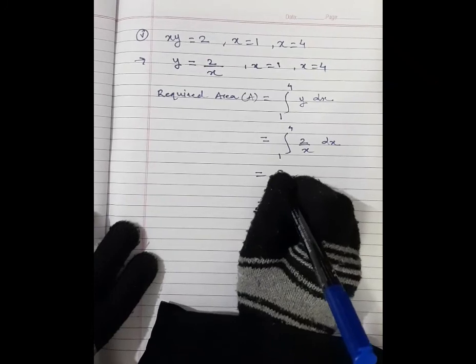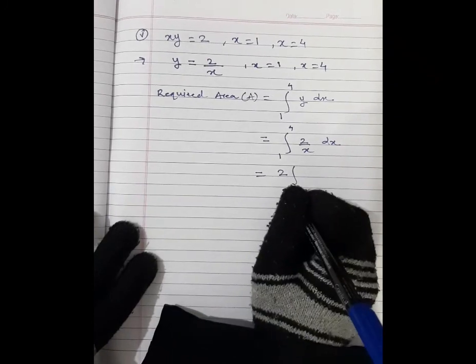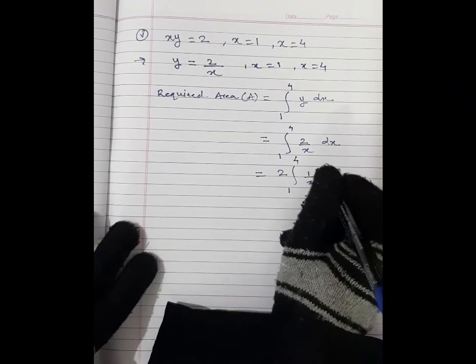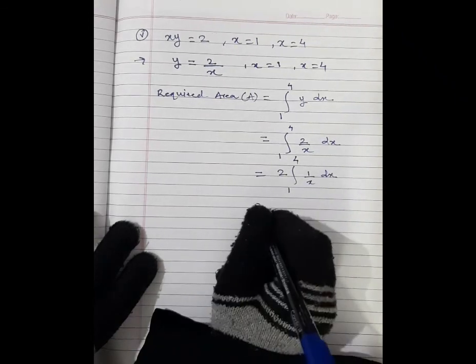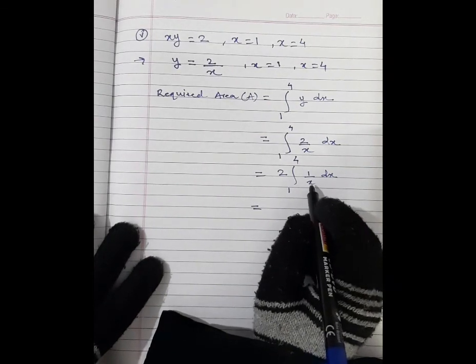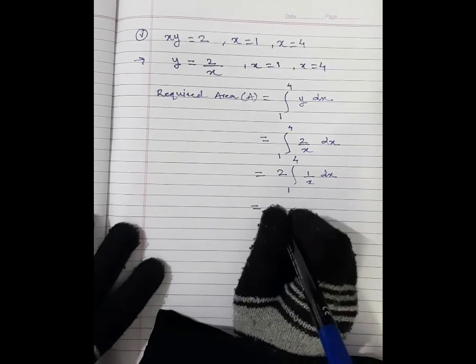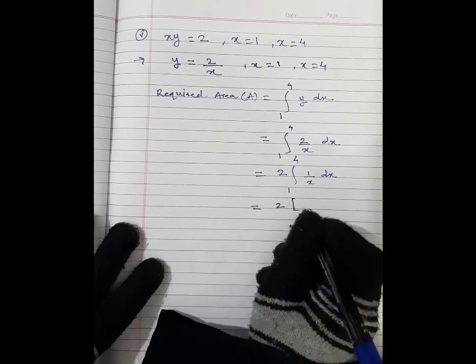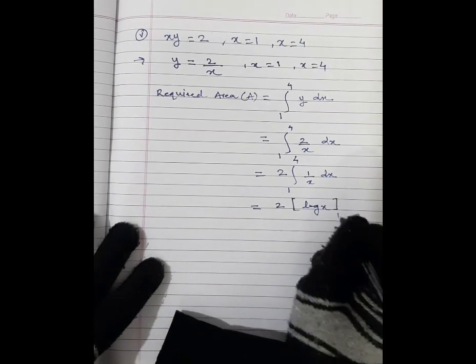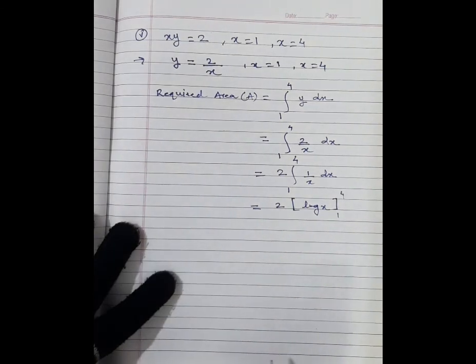Students, 2 is a constant, right, so take it outside. Integration from 1 to 4 of 1 upon x dx. And what is the integration of 1 upon x? The integration of 1 upon x is log x. Here we'll write the integration as log x, and the limit is going from 1 to 4.